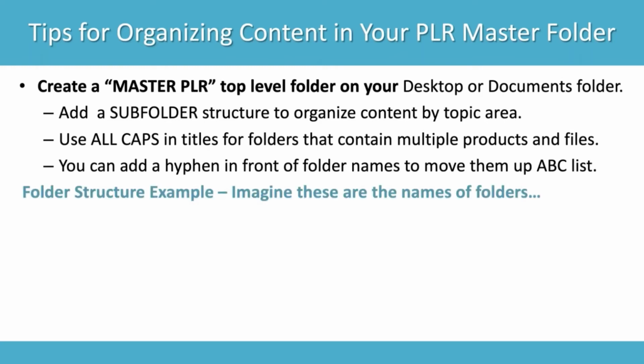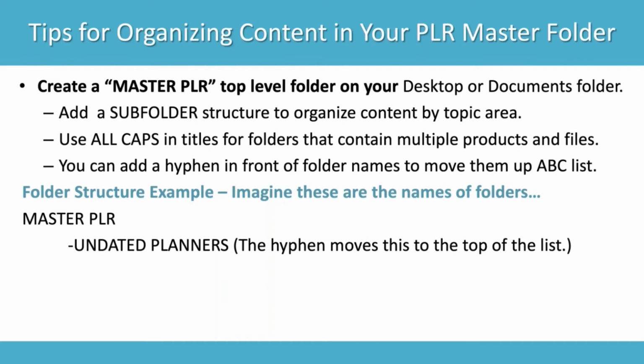So here's a folder structure example, and I want you to imagine these are the names of the folders. So I'm going to show them to you in writing, and then I'm going to show them to you in a visual. So the first master folder is the master PLR folder. Now these next names, imagine these are the names of subfolders.